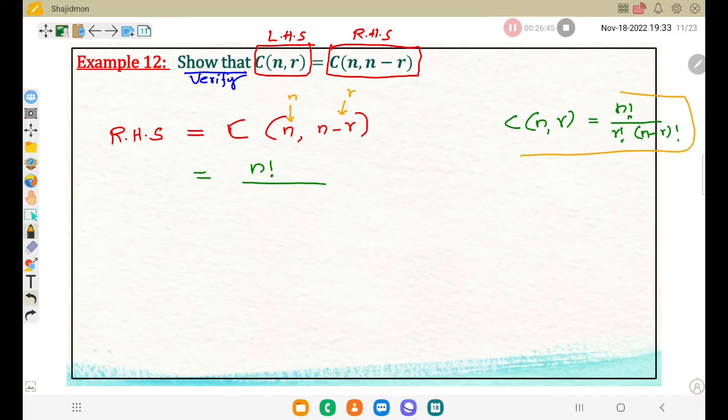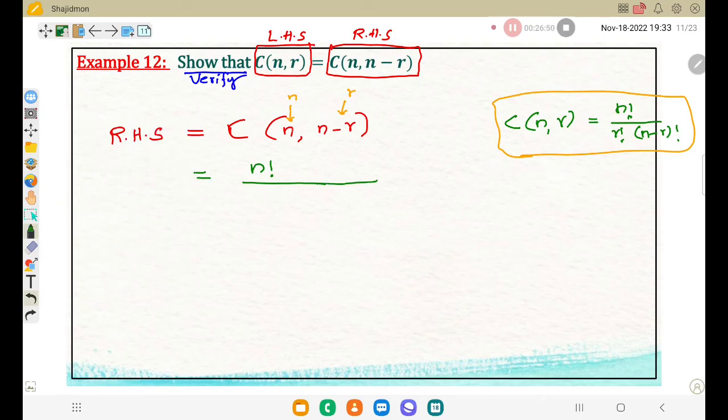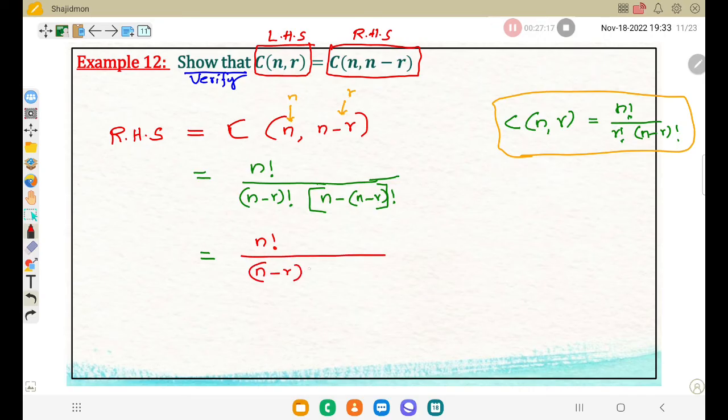In this rule I am telling this rule. So how can we write this one? N factorial divided by r factorial means n minus r factorial, multiply n minus r factorial means how to write here? n minus r factorial, correct? So how to simplify this one? Top n factorial, same, downside n minus r factorial, same.